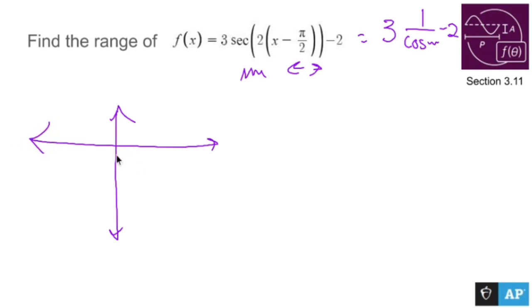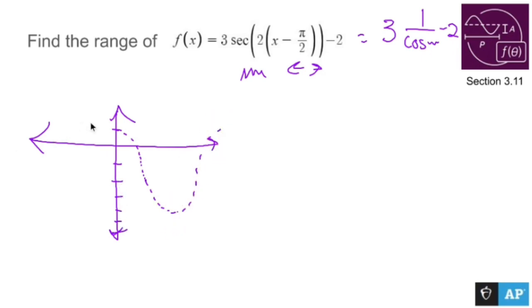If I shift down 2, and cosine normally starts here, it's going to go here, 1, 2, 3, and then go down to 2, 3, 4, 5.